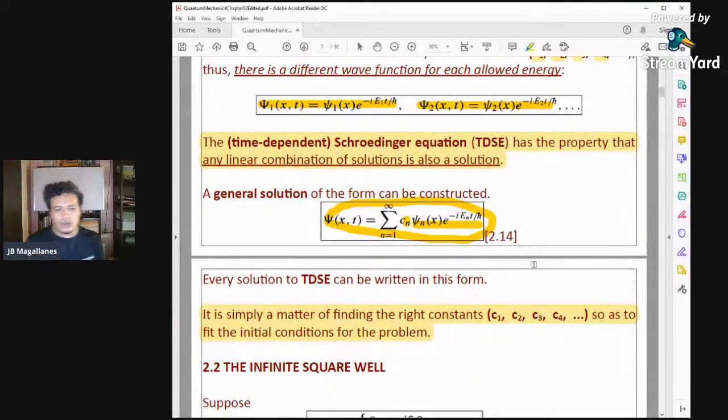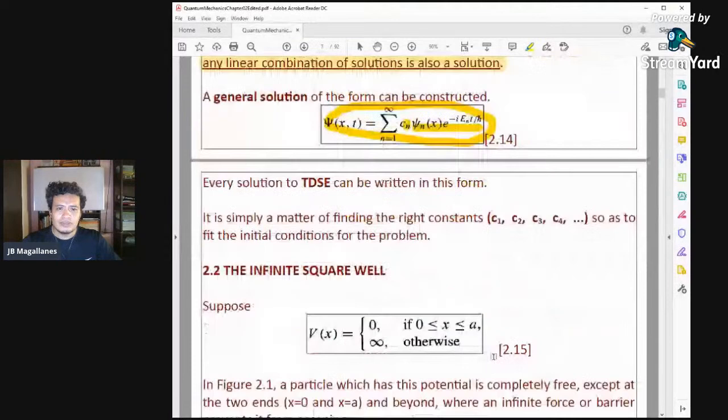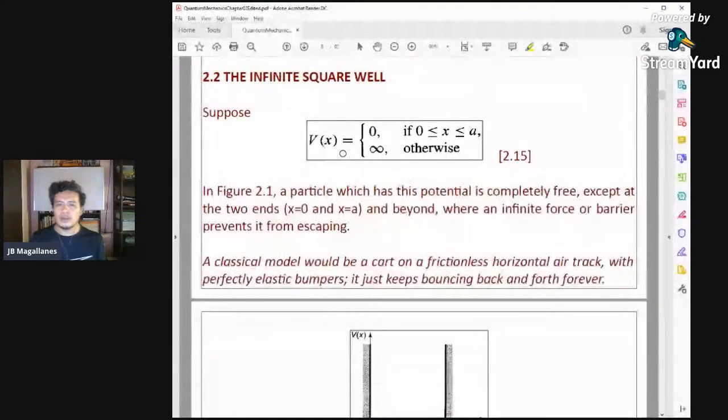So we now go to the first example, the infinite square well. In this example, we will find the wave function of particles involved in this situation where there is a constraint.